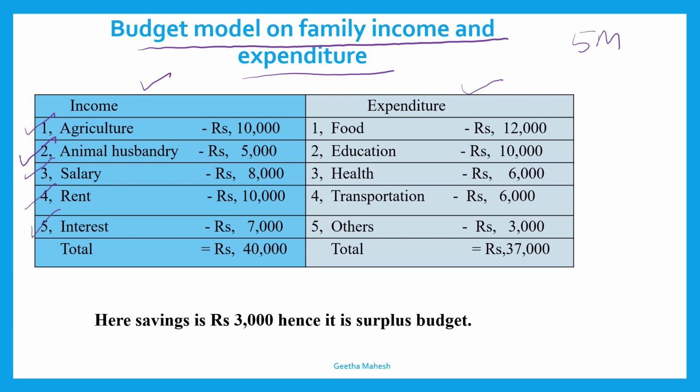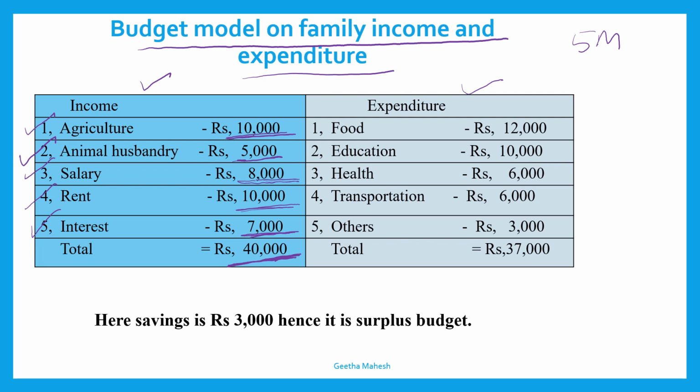And here I have entered the sum amount. From agriculture I will get 10,000 rupees, and from animal husbandry 5,000 rupees, and salary 8,000, and rent that is 10,000, and interest 7,000. If I add up all these things, my total family income will reach up to 40,000.